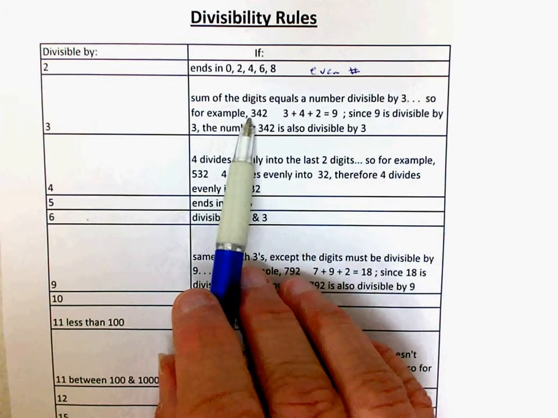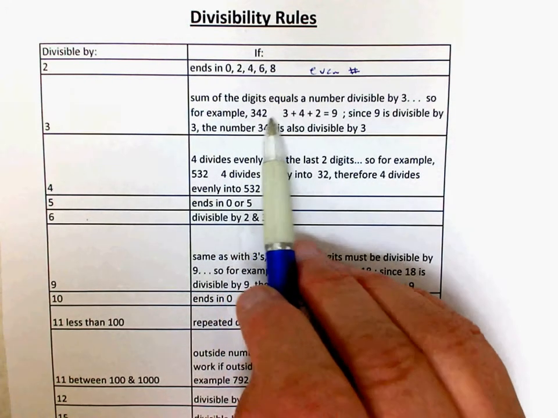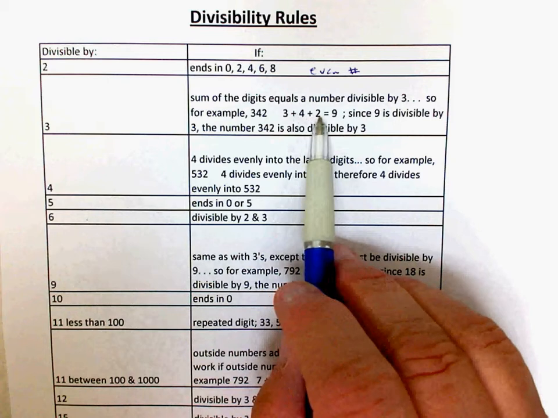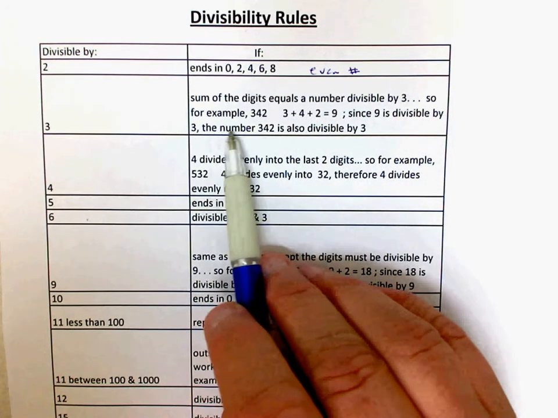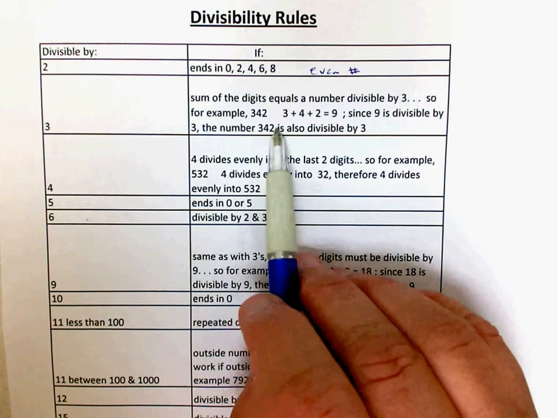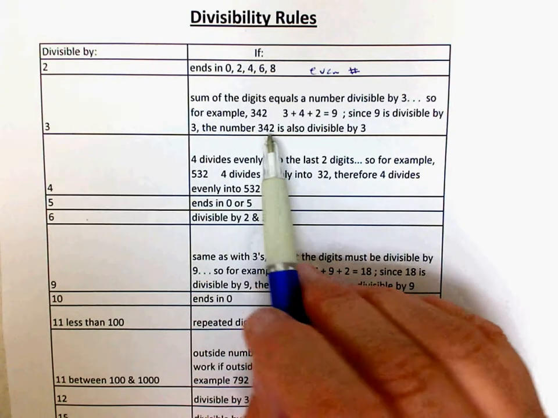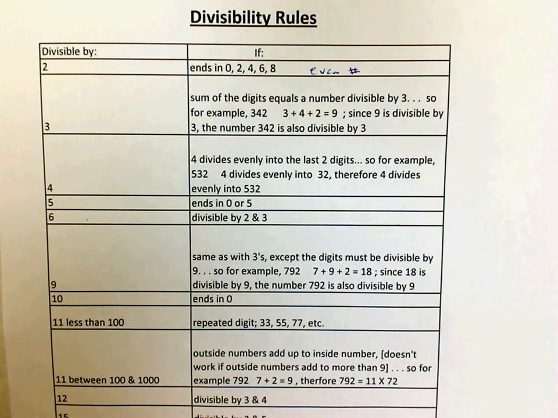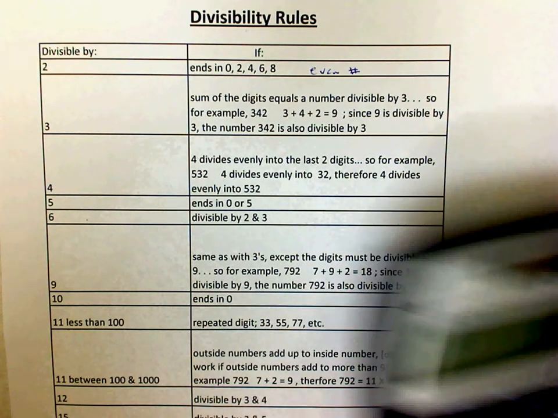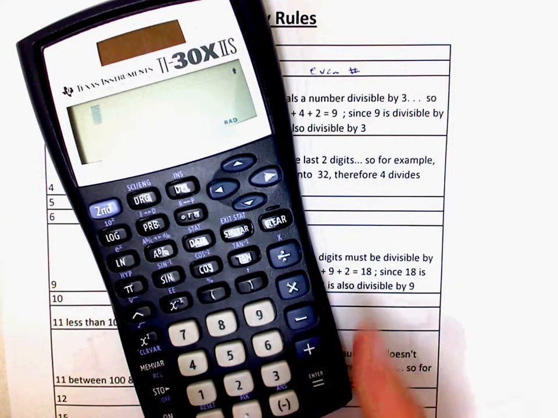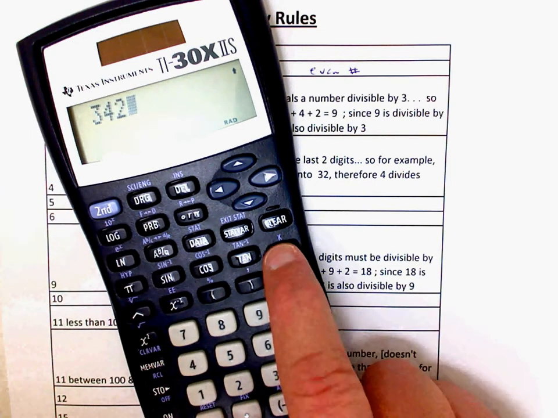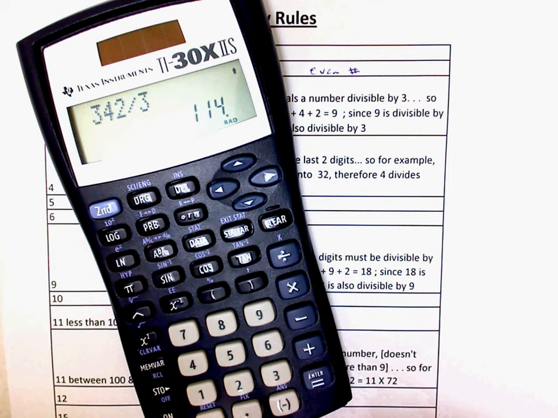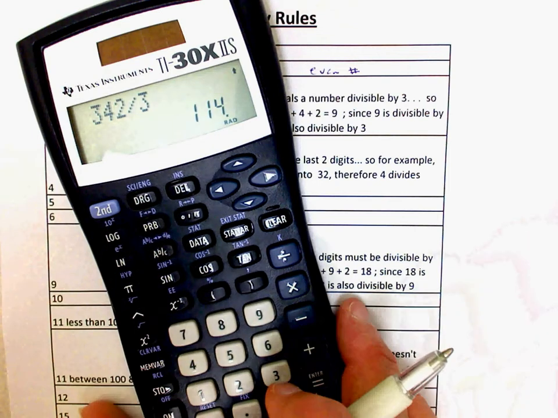So, for example, 342, if I take 3 plus 4 plus 2, that equals 9. 9 is divisible by 3. Therefore, I can take this number and divide it by 3. Matter of fact, I can even show you on the calculator. If I take 342 and I say divide by 3, I get the number 114.